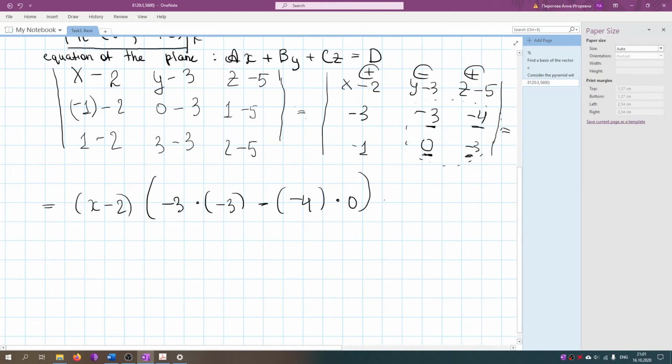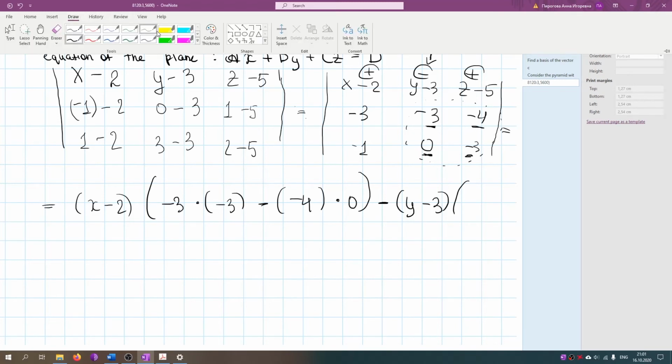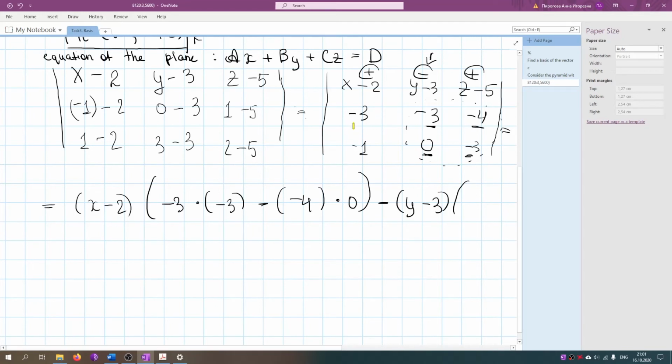The next element, minus y minus 3. Don't forget about this minus. So we again cross out the second column and the first row and look on these 4 numbers only.